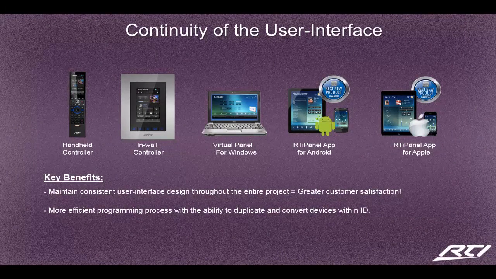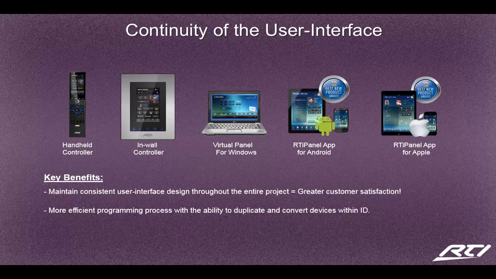We want you to be able to benefit, and your client to be able to benefit, through what's called a continuity of user interface, which basically means that you can create a similar look and feel across the entire line of control system, whether it's an app on an Android or an iOS device, to a handheld controller, to an in-wall controller.